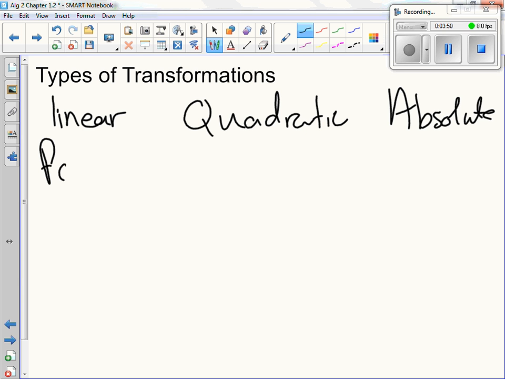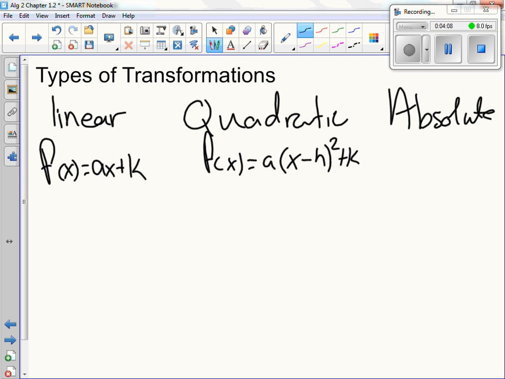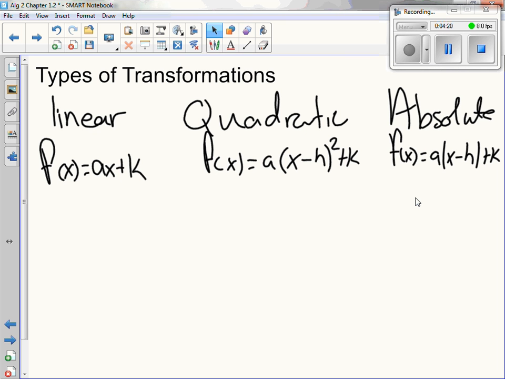Our linear function, we're going to call f of x equals ax plus k. Our quadratic, f of x equals a, parentheses, x minus h squared, plus k. And our absolute value, f of x equals a times the absolute value of x minus h, plus k. These are our three main types that we'll have.